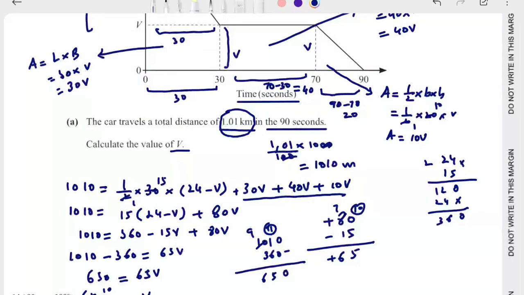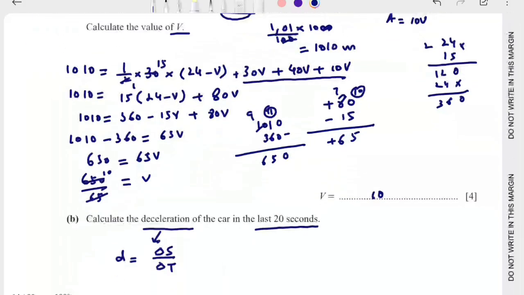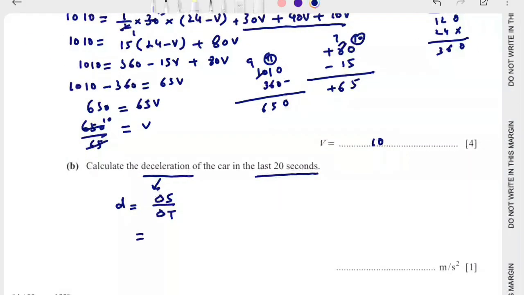Change in speed is now, as we have calculated the value of v would be 10, so it will be 10 minus 0 would be change in speed, and change in time is 20, so it would be minus 10 over 20, and the answer would be minus 1 by 2. This is the answer.